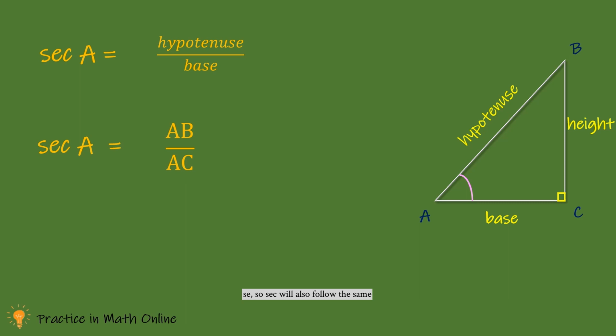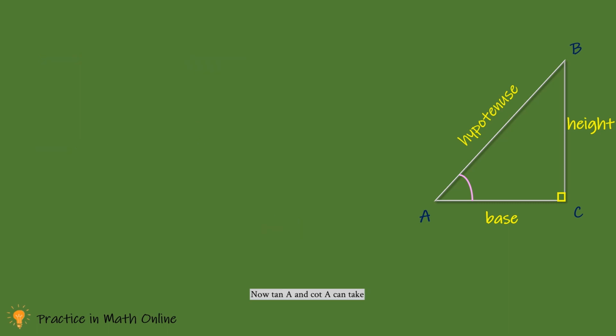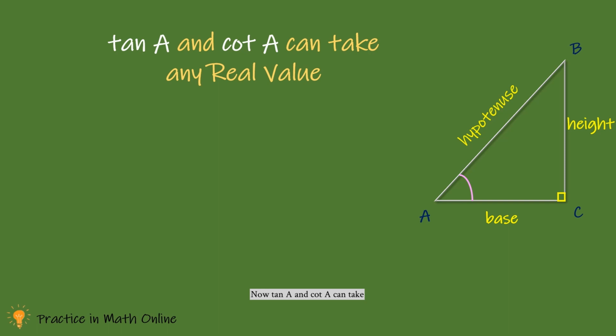So sec will also follow the same pattern as cosec, and sec A will always be greater than 1. Now tan A and cot A can take any real value, because tan and cot are ratios of the height and base, and there is no rule that height or base is bigger all the time. That is why they can take all the real values from negative infinity to positive infinity.